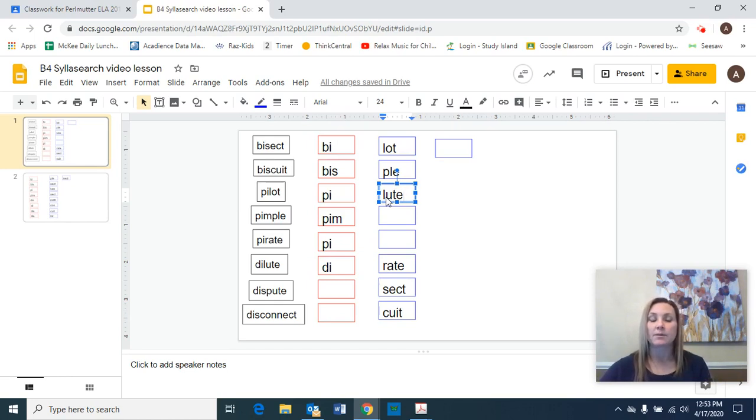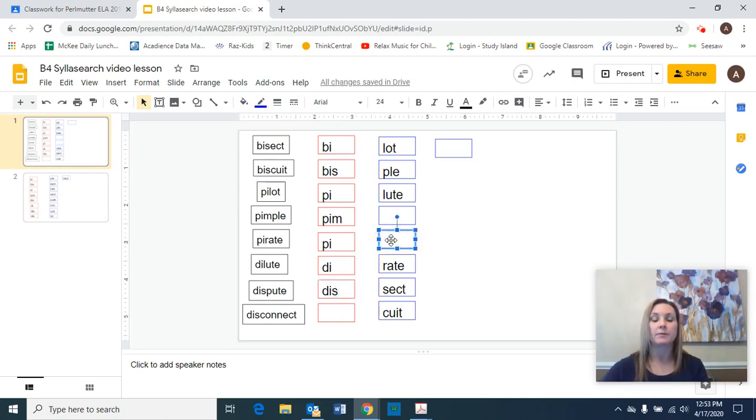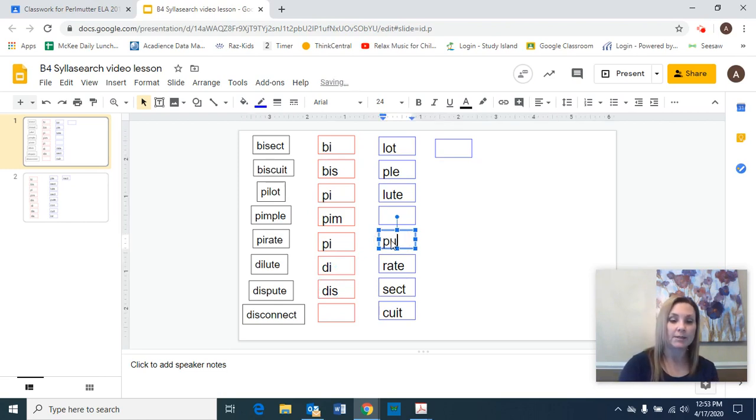Say it in your head. Ready? Let's break it up into syllables. Dispute. How many are there? 2. Excellent. What letters make up the first syllable in the word dispute? D-I-S. Good. What about the second syllable in dispute? P-U-T-E.